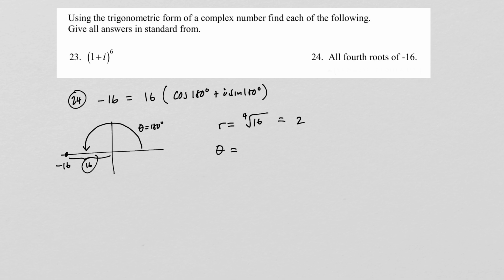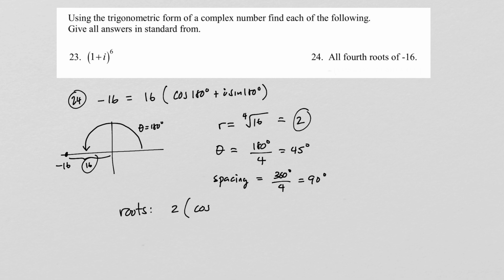And then for your angle, you take your original angle, which is 180, and you divide it by 4, which is 45 degrees. And then the spacing between the roots is going to be 360 degrees divided by 4, which is 90 degrees. Now, once you gather all this information, your roots are simply going to be this r value multiplied by the cosine of this theta value.